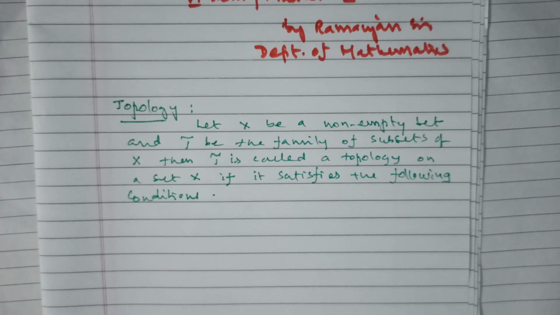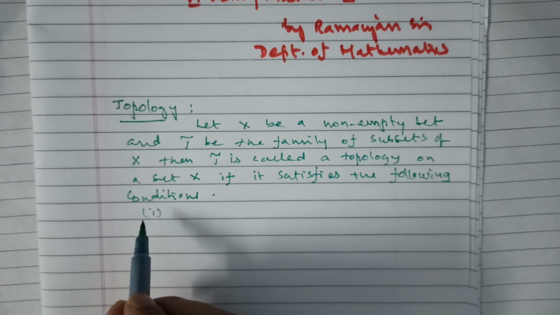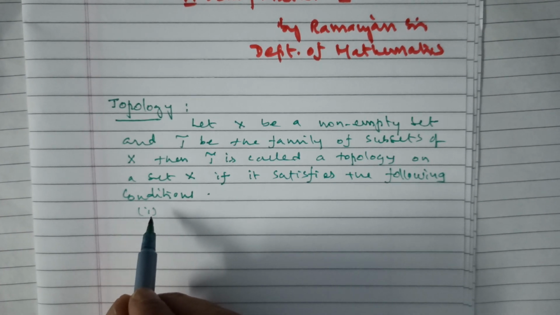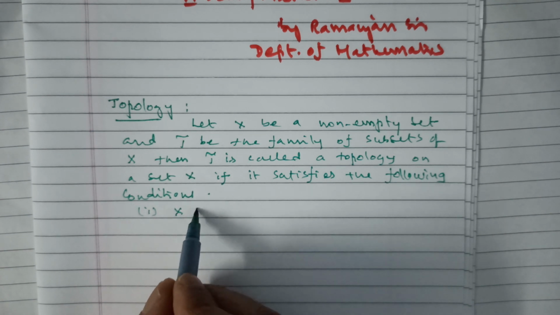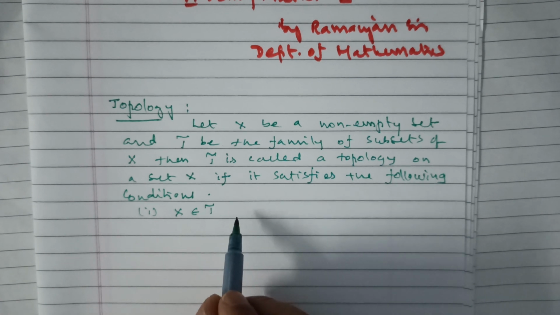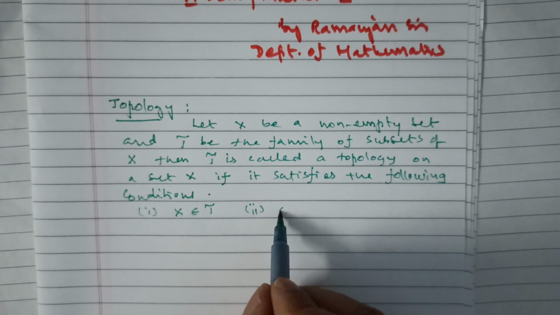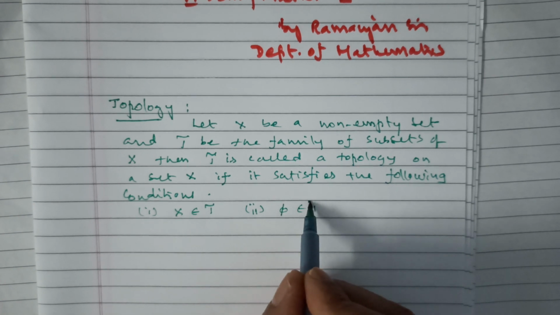So what are the conditions? First point: X belongs to tau. Second point: phi belongs to tau.